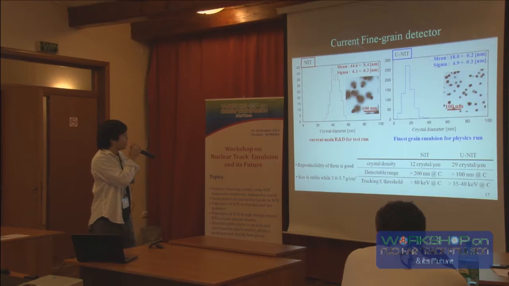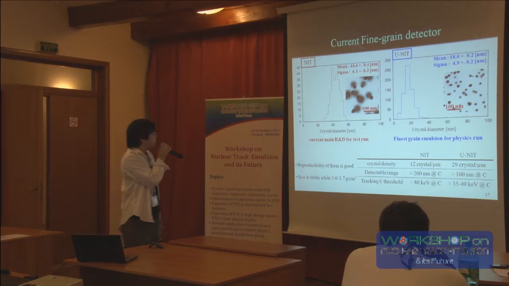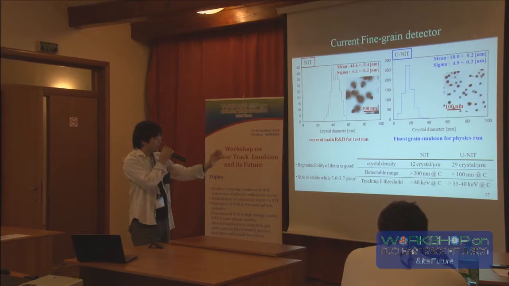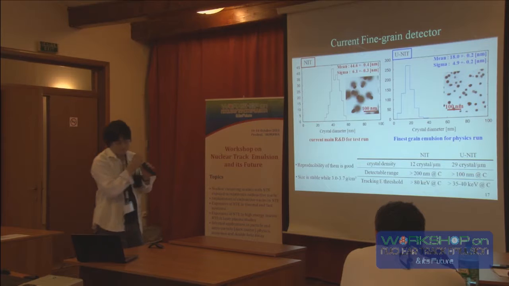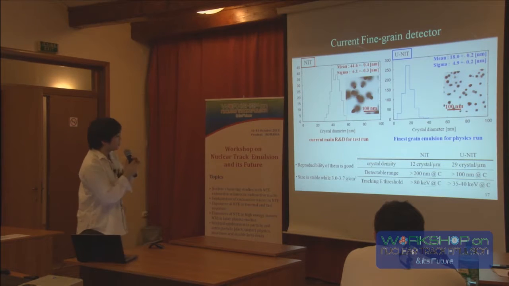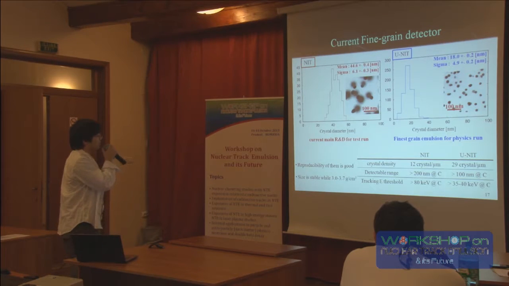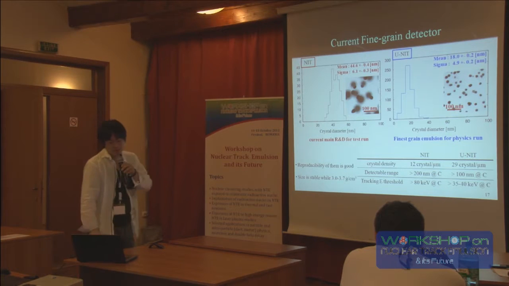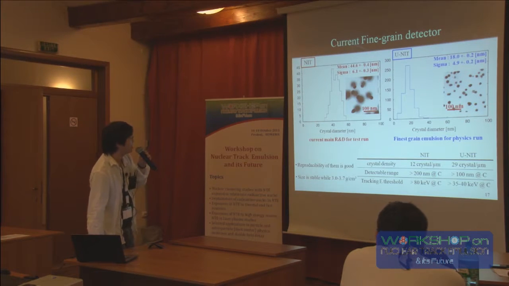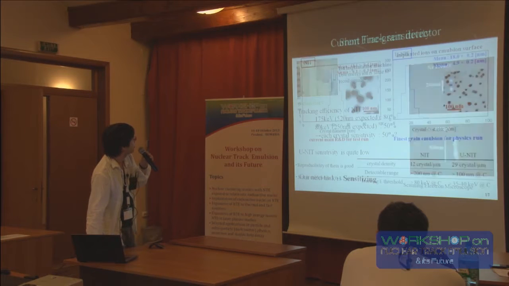According to the carbon tracks, the tracking energy threshold becomes less than 80 keV for NIT type, and 35 keV for Ultra NIT type. This is an incredible value, but this is only a theoretical value because the sensitivity is not included.